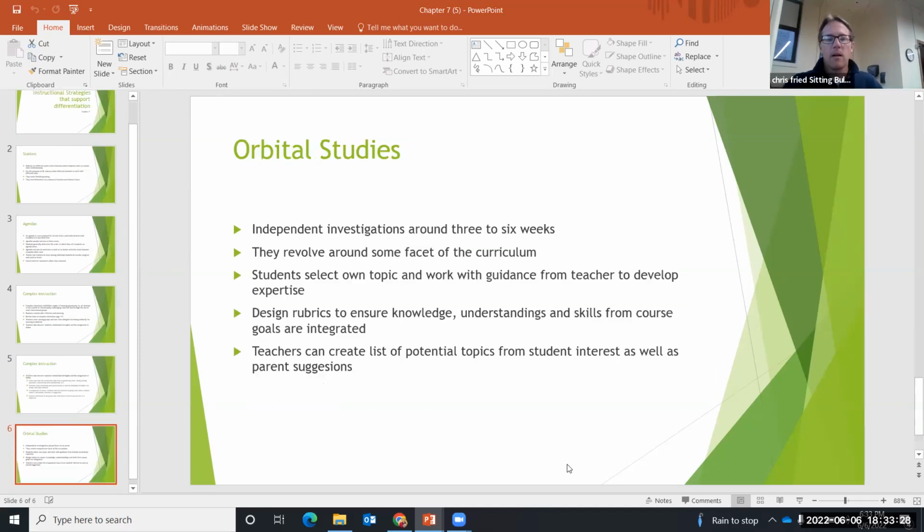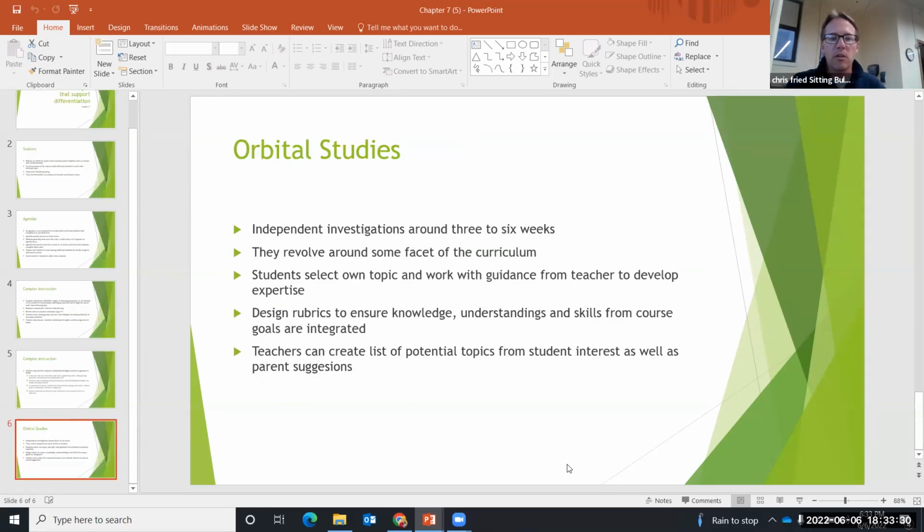Okay. The last one to talk about here that I put in is orbital studies. Orbital studies is kind of an independent investigation, right? Looking at some aspect of the curriculum.